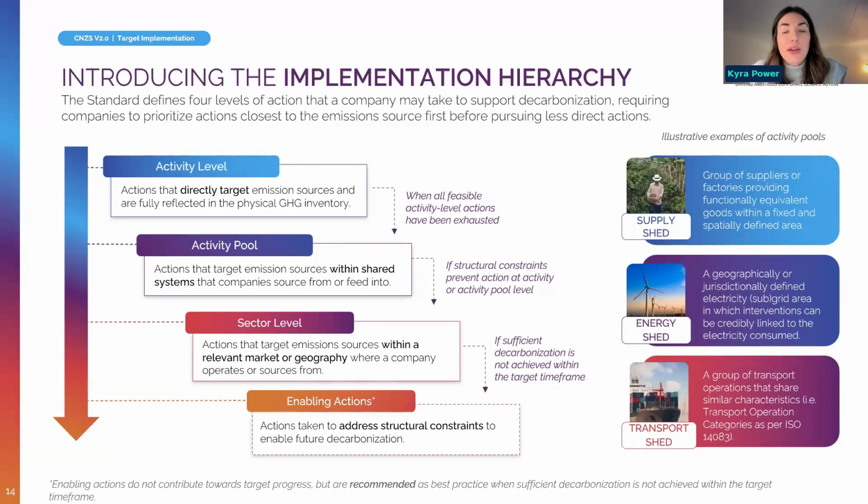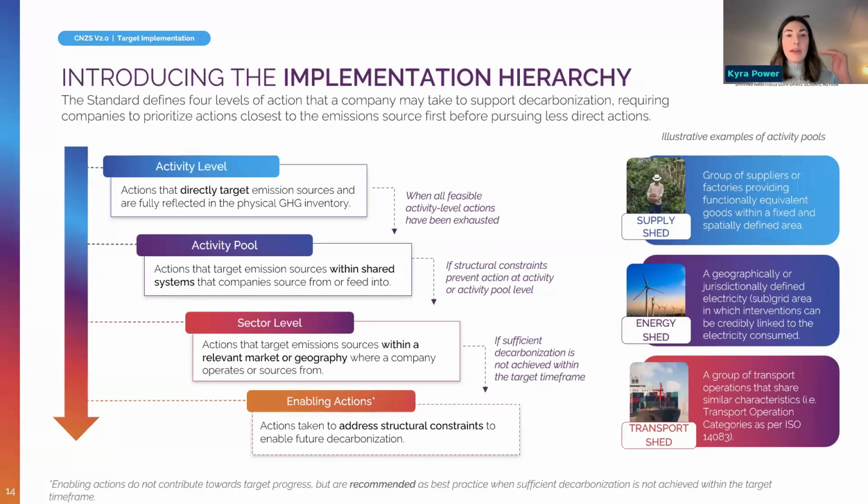Recognizing that companies face all kinds of barriers on the journey to decarbonize, and that there is tremendous opportunity to support broader decarbonization, even while barriers persist, the standard introduces an implementation hierarchy to guide company action. The hierarchy can be thought of as beginning as close to the emission source as possible and progressing away from the actual source when traceability, influence, or other constraints arise.